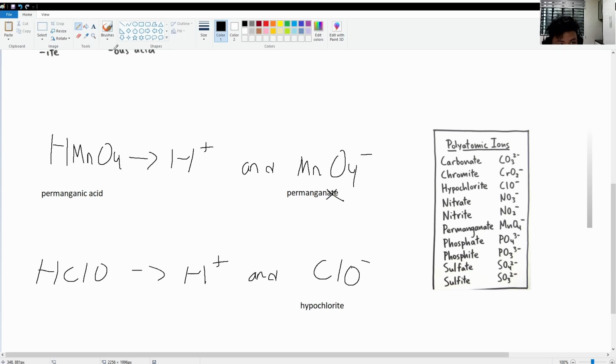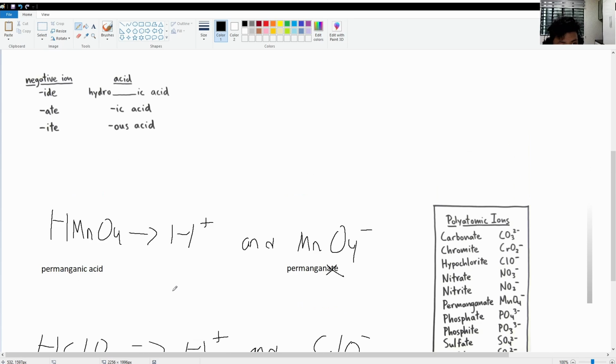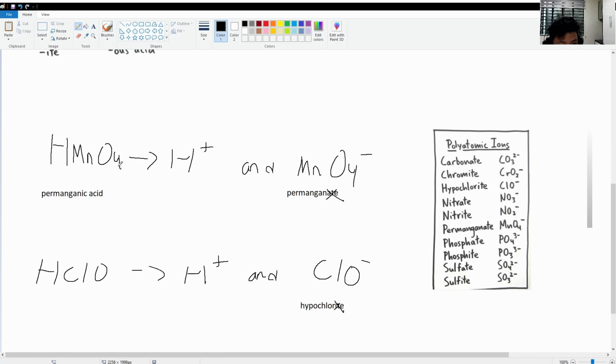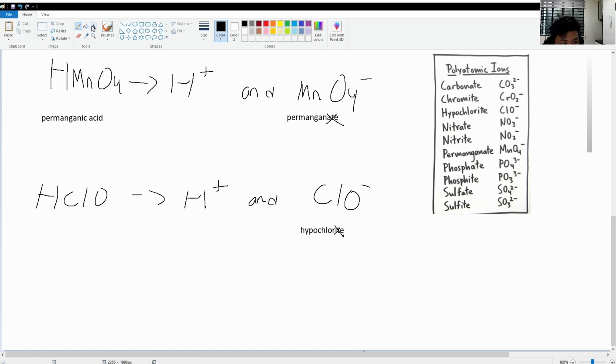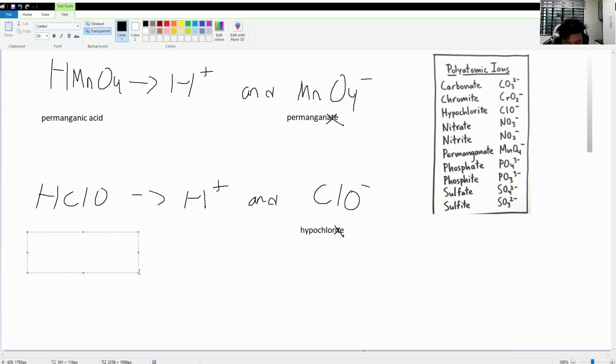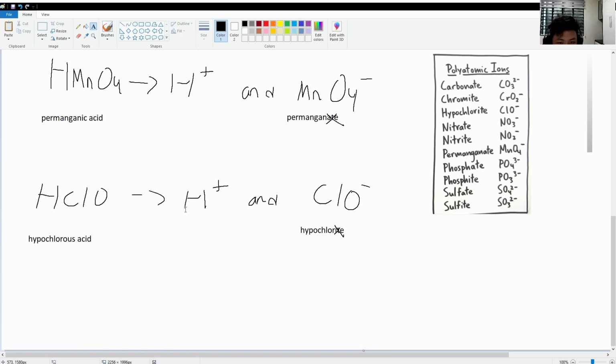Just cancel the ITE and then add OUS, so hypochlorous acid. It's just the same as the previous one, but the beginning is just a little different.